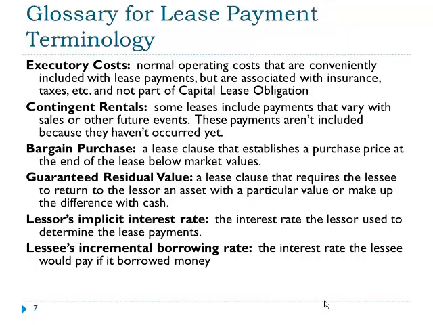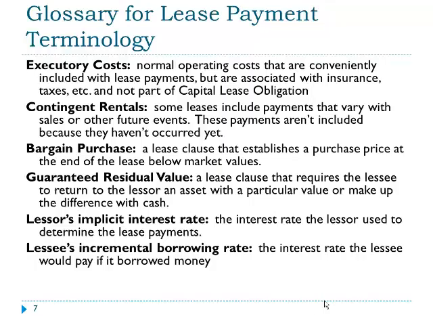So if we have a lease in which the lessee pays for maintenance or pays for taxes, those items might be bundled in with the rental payment, but we're going to take them out and use just the portion of the lease that has to do with the right to use the leased asset.